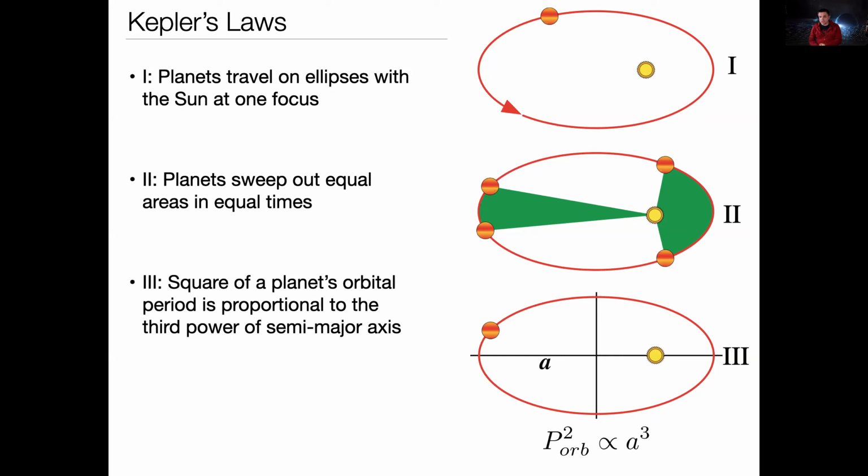For a circular orbit, this would say that the square of a planet's orbital period is related to the cube of the radius of the circle. Okay, so the semi-major axis of an ellipse is just the radius when you're talking about a circle.